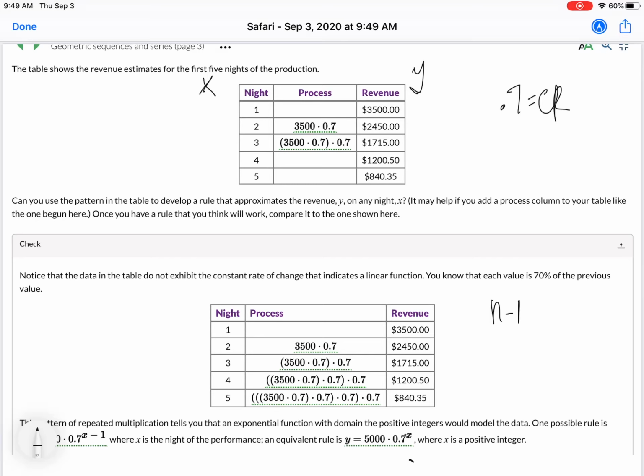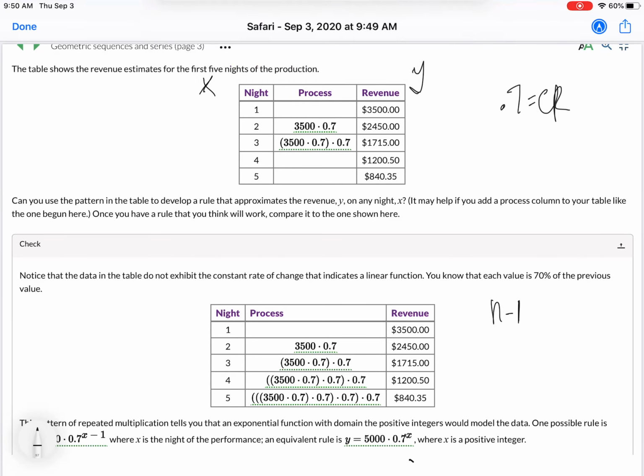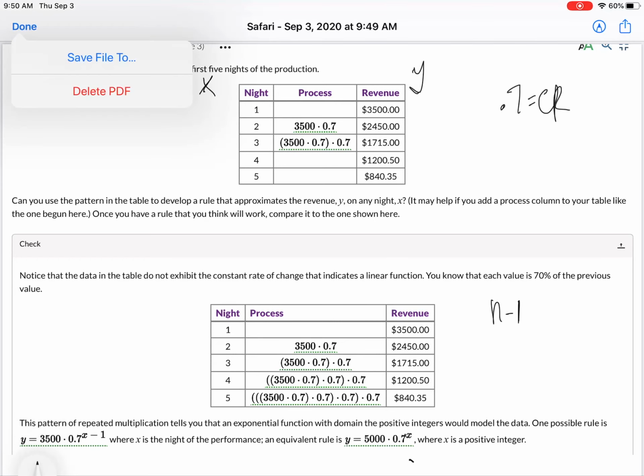So this page is just kind of a review, I guess, of number 2. It's just showing you another way to do it, okay? There's multiple rules that you can use, but the one that we wrote on our paper is probably going to be the easiest one for you.